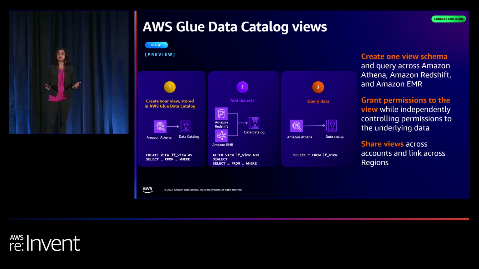What this really means is, as a data owner or a producer who is creating or orchestrating this view, only that persona needs to have access to those base tables. So once you define the view, then you can actually start sharing that view to your varied lines of business and other consumers without having to share the base tables.